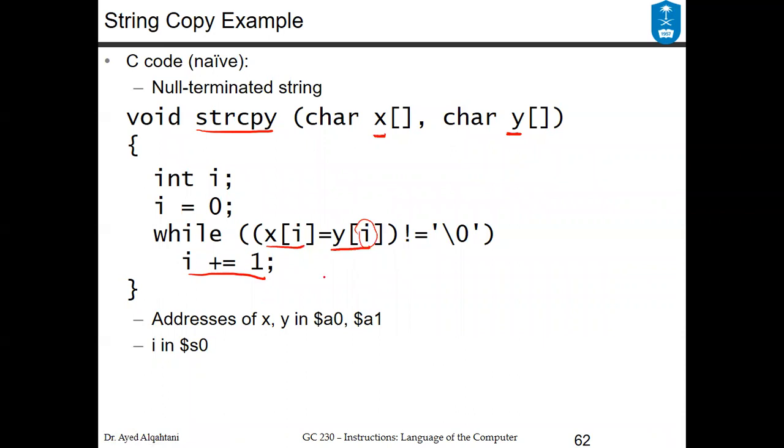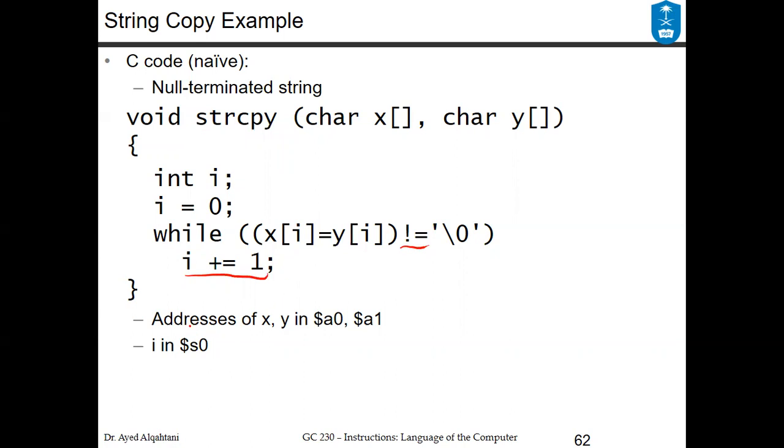You stop the while loop when the X, because you are assigning here, is equal to the end of string, or this character means that they are equal to 0. When the character is 0, then you are done. So as long as you are not equal to 0, it means keep copying and keep incrementing the index.